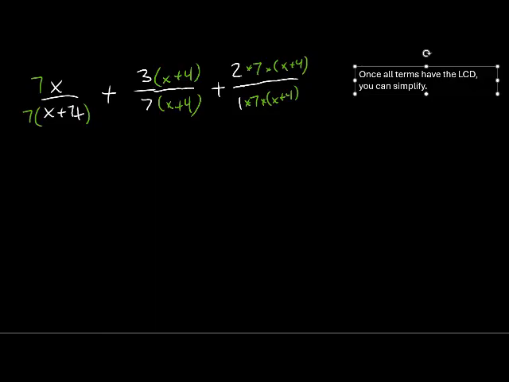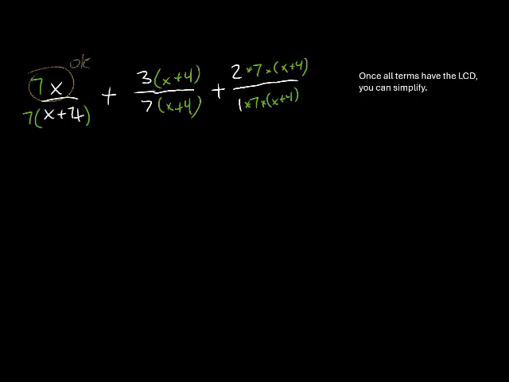Our first term will be just the 7x. There's really no simplifying we can do there, and that part's okay. We'll begin by writing 7x. Our second term has a monomial 3 times a binomial x plus 4, and we will distribute. Our third term has 2 times 7 times x plus 4.